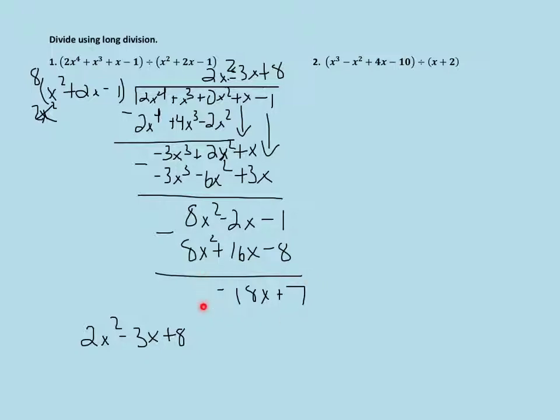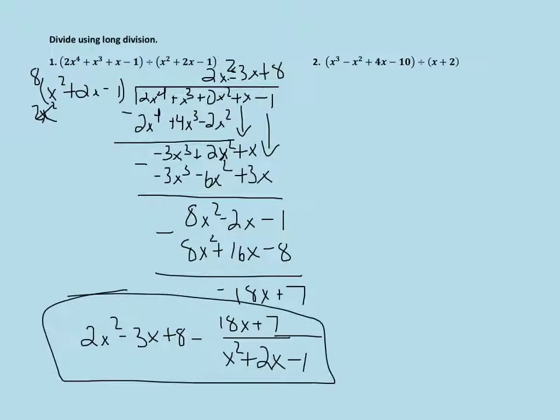That is the remainder: negative 18x plus 7 over what we were dividing by, x squared plus 2x minus 1. There's your final answer.